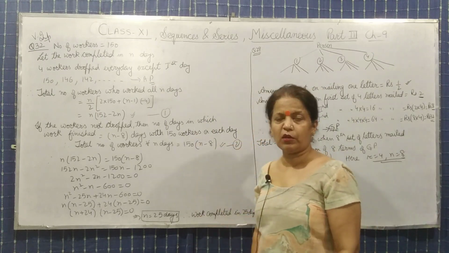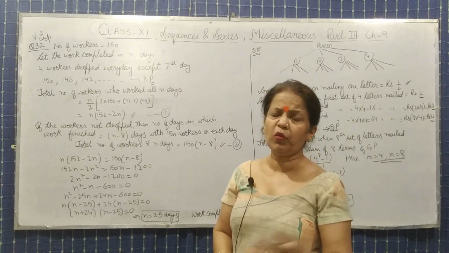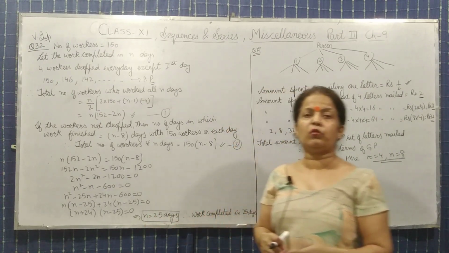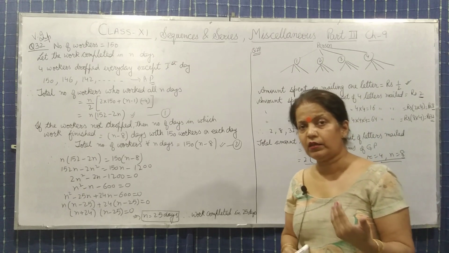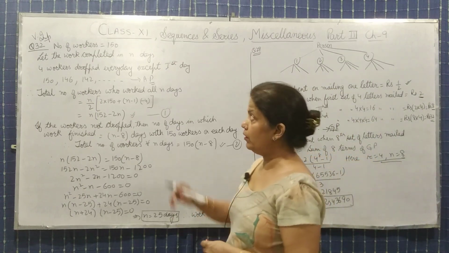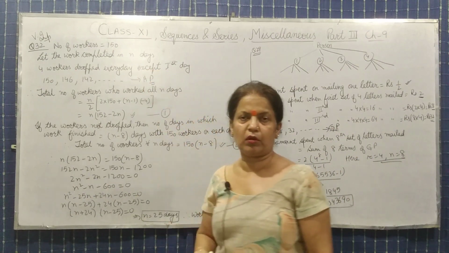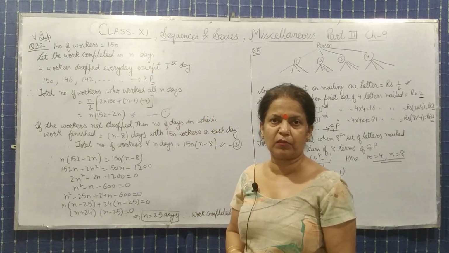So what does it mean? अगर वो ड्रॉप कर रहे होते तो 8 days ज़्यादा लगते, अगर वो ड्रॉप नहीं करते तो 8 दिन जल्दी काम हो जाता. तो हम what we have assumed, अगर वो ड्रॉप कर रहे हैं तो n days में काम हो रहा है.